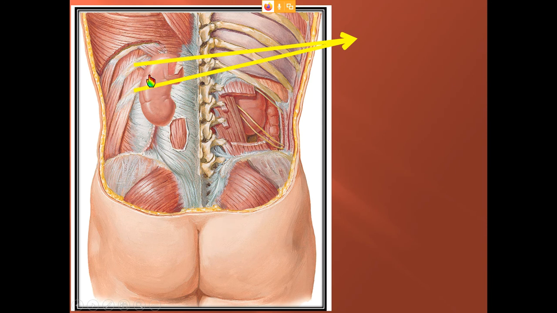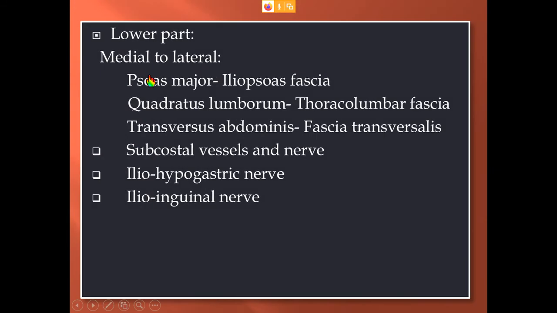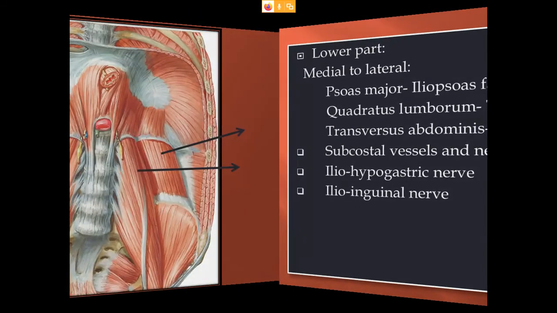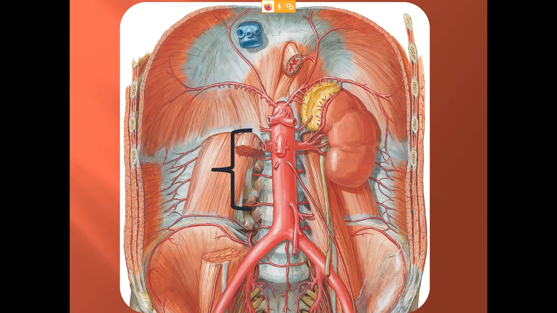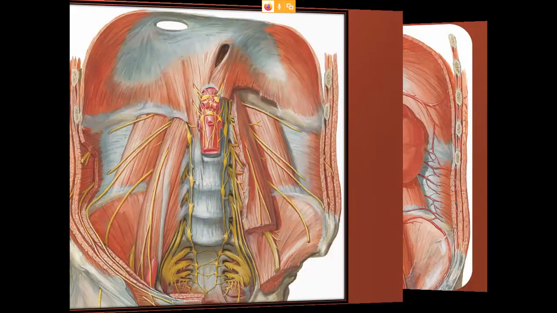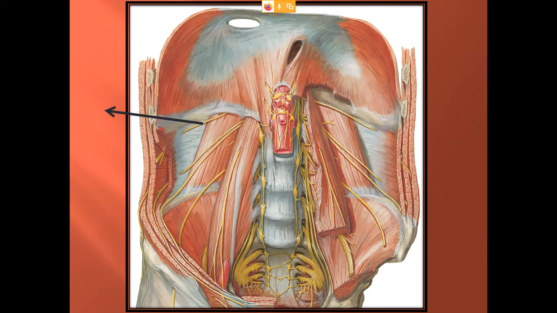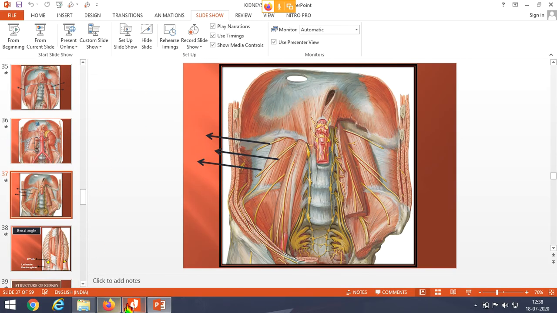That's why the left kidney posteriorly is related to the 12th rib. Here you can see the psoas major muscle, and the nerves present over here are the subcostal nerve, iliohypogastric, and ilioinguinal. These are the three nerves which are posteriorly related to the kidneys.